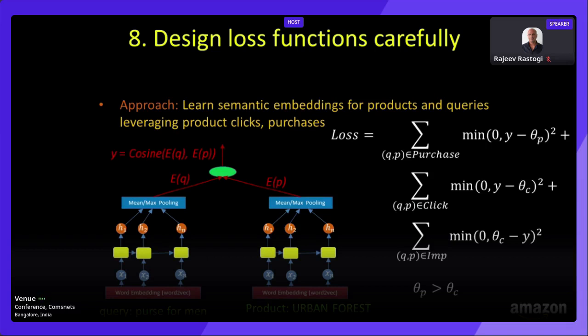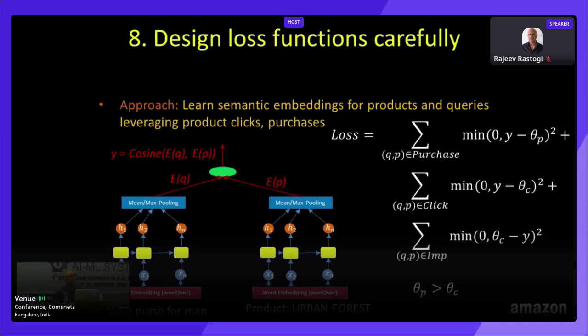So similarly, this loss function ensures that for query product pairs that result in clicks, the cosine similarity between embeddings is greater than theta c, where theta c is a threshold which is slightly less than theta p. And for impressions, which is the bottom term here, it ensures that, again, the cosine similarity is less than theta c. So it pushes the similarity below in the semantic matching, right?